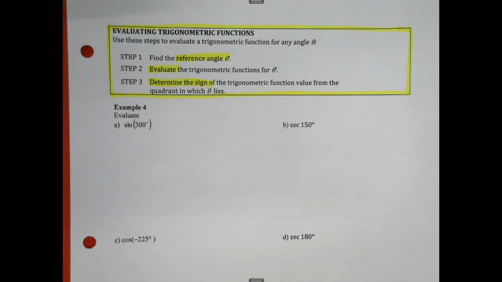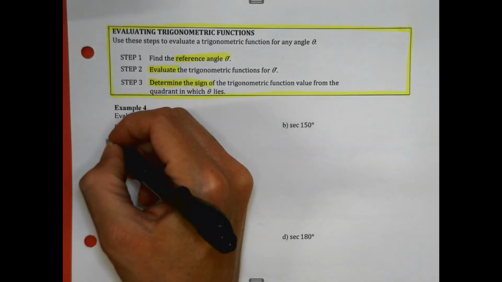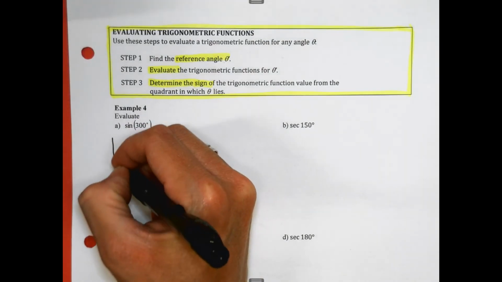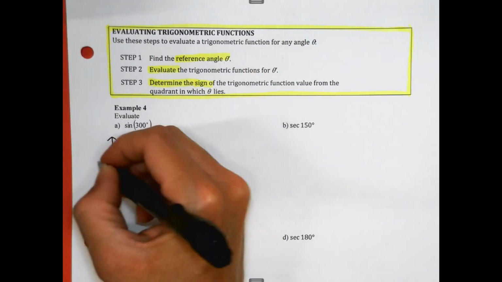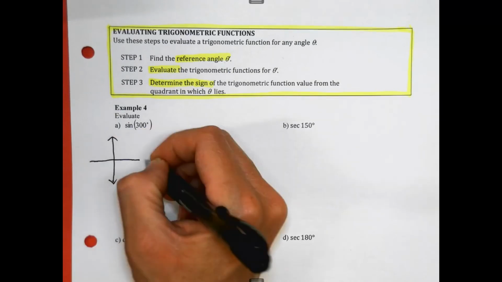So example 4 here has us evaluating some angles. We want to evaluate the sine of 300 degrees. It might be helpful to draw yourself a picture so you can see what's happening.